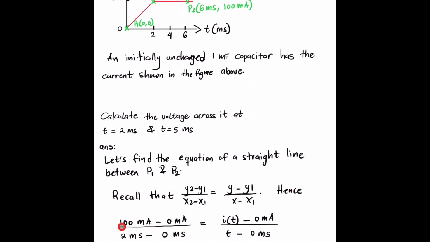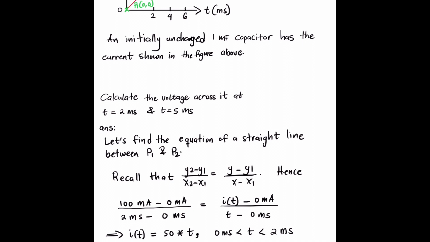Hence, this is the change in the current divided by the change in time, and this is equal to this, all right? So this implies that I of t is equal to 50t, for t going from 0 milliseconds to 2 milliseconds.